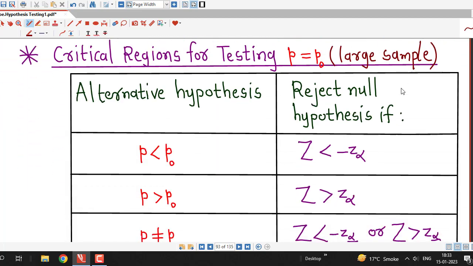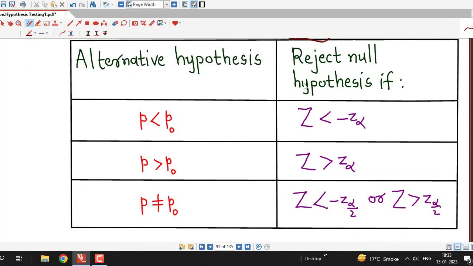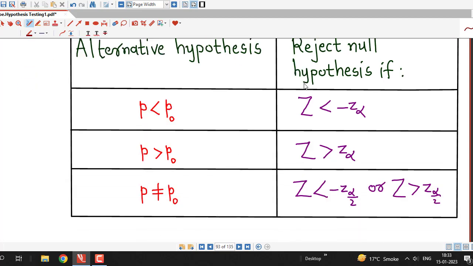And these are the critical regions for testing this null hypothesis p equal to p0. We are familiar with the procedure of hypothesis testing. If you recall, first we specify the null hypothesis and alternative hypothesis.